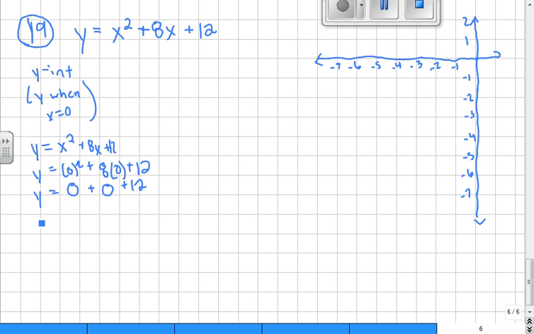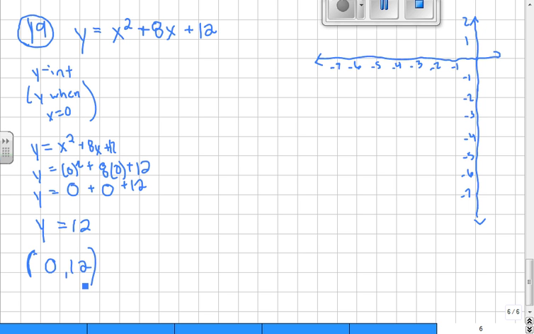That leaves us with y equals 0 plus 0 is 0 plus 12. So y equals 12, which makes my point, the point of my y-intercept, 0, 12.